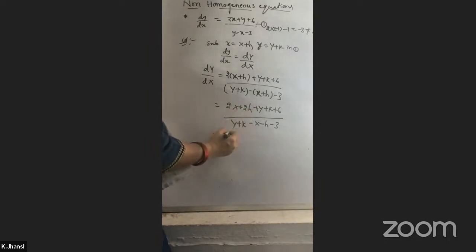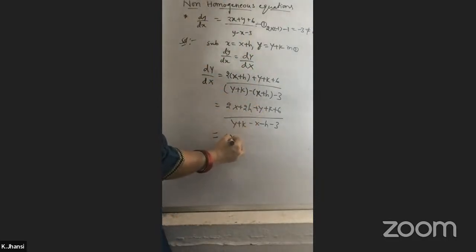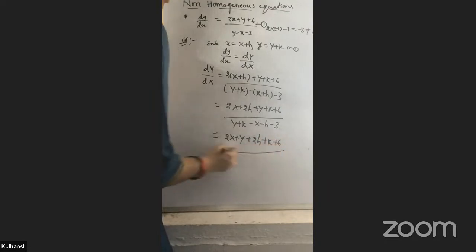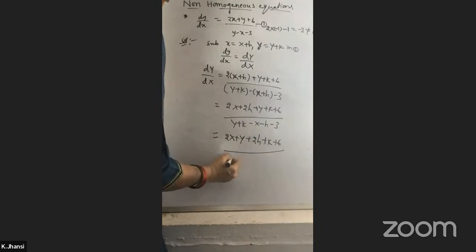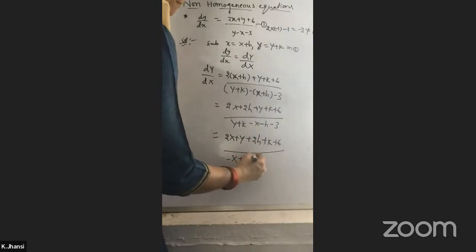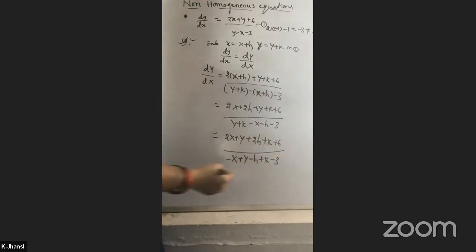Now this is 2x plus y, you write the variables, 2x plus y plus 2h plus k plus 6 divided by minus x plus y minus h plus k minus 3.